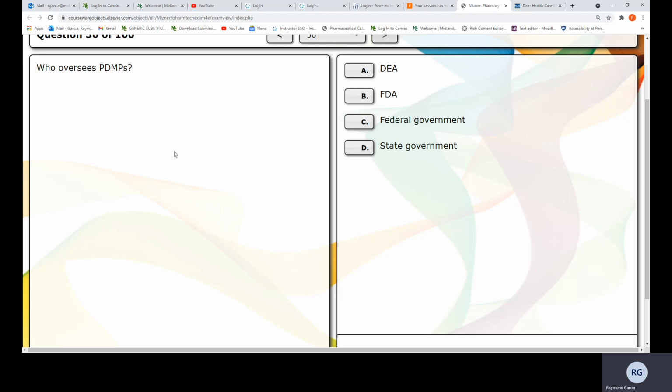Prescription drug monitoring programs. Which one? Let's look at it. State governments oversee PDMPs. So state government. Prescription drug monitoring programs.